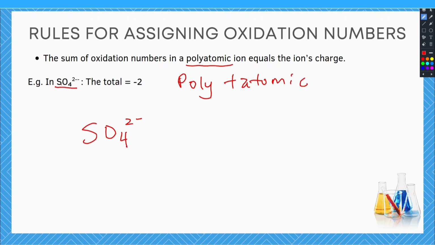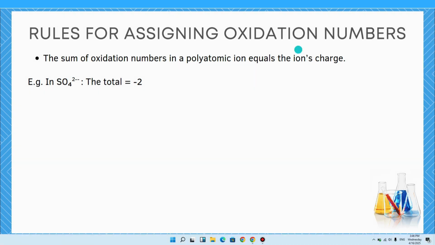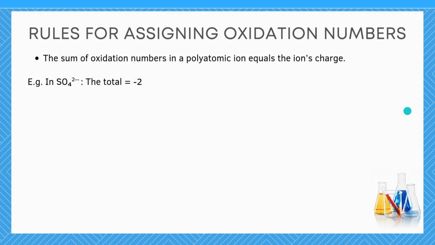Poly here simply means more than one or plenty, and atomic stands for the word atom. So whenever you have a polyatomic ion, the sum of all the oxidation numbers here must be equal to the charge. What is the charge here? 2 minus. So when you add all the oxidation numbers in this compound, it must give you minus 2. That is the next rule of assigning oxidation numbers.